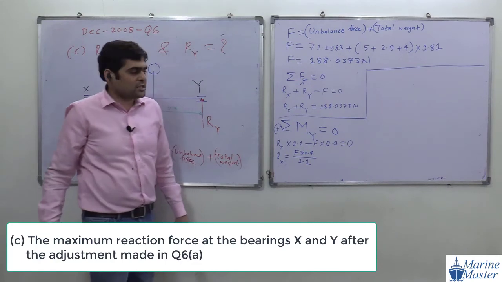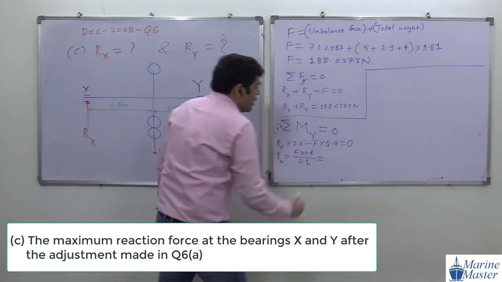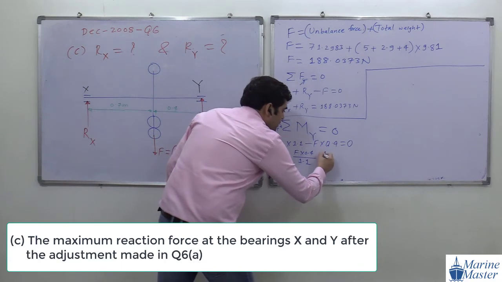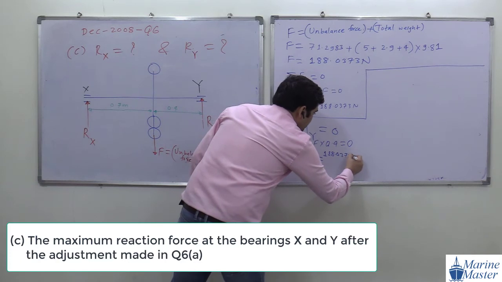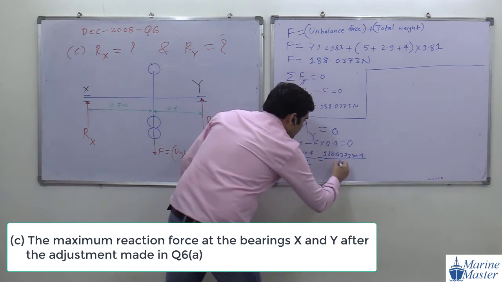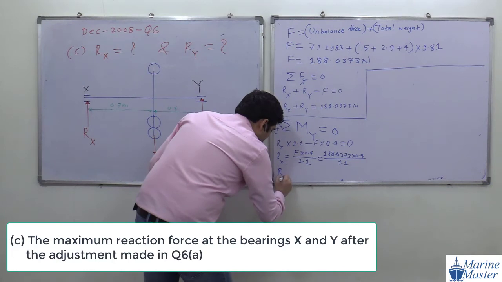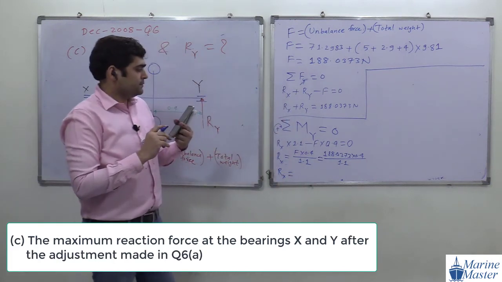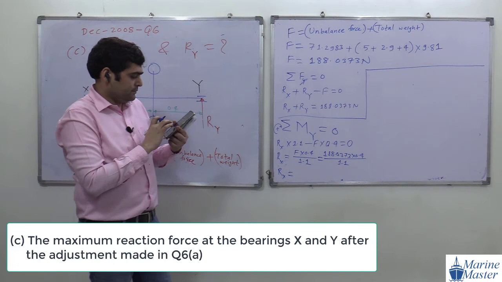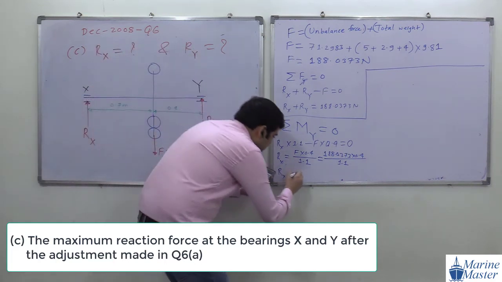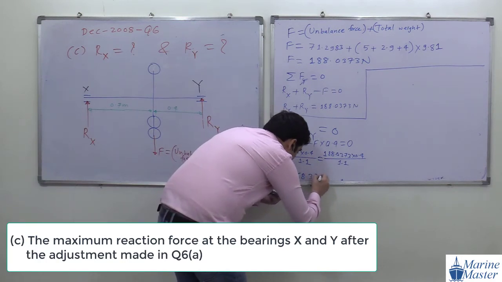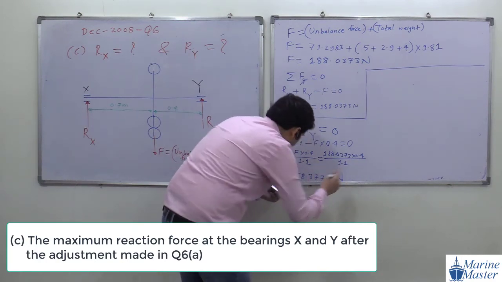Anyone have any doubt in this discussion? So the F value is 188.0373 multiplied by 0.4 divided by 1.1. What will be the Rx? 68.3772 Newton.